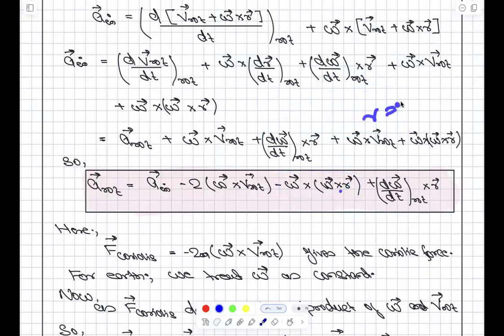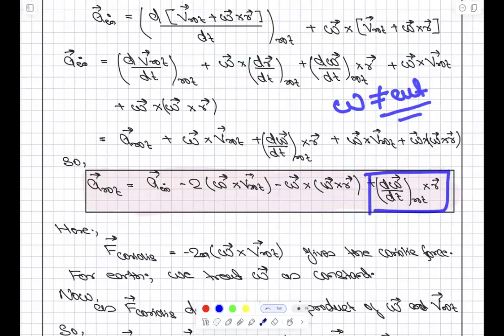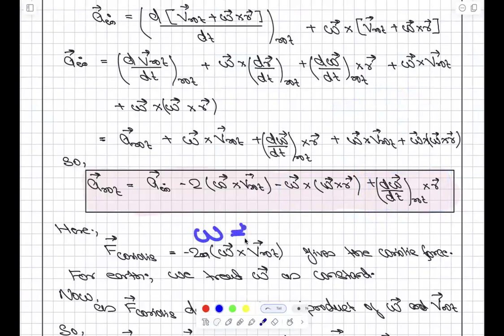If r is 0, that means the position of that point from yours is 0. So just by the virtue of having omega, it is this. ठीक है? Now, if omega is not constant, then you will have Euler force. If you have omega, you will definitely have centrifugal force. Now the two cases arise.